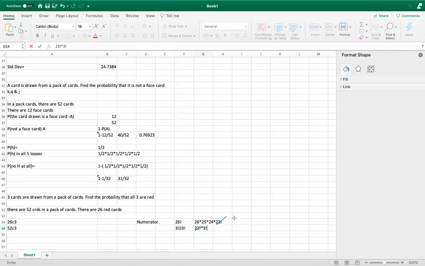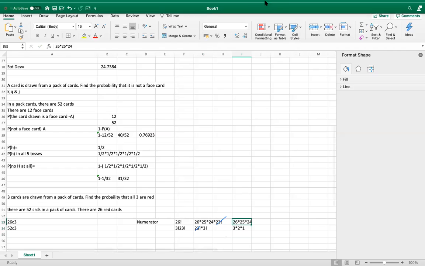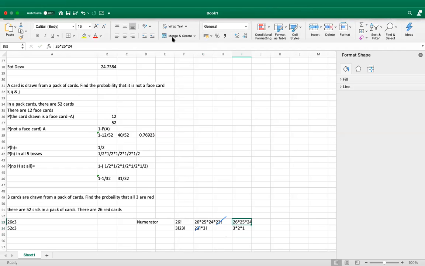So I'll say, which is equal to 26 into 25 into 24 divided by 3 into 2 into 1. ठीक है. So I will say 6 is what 4. So I will do the annotation again here.